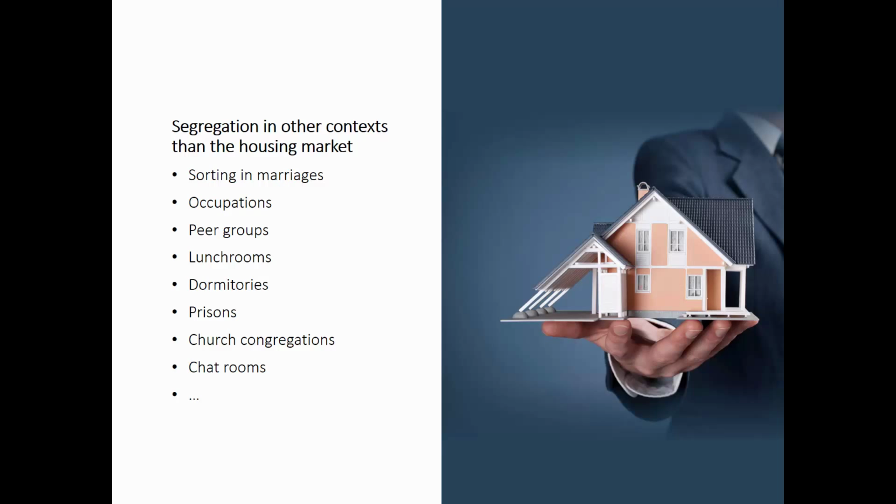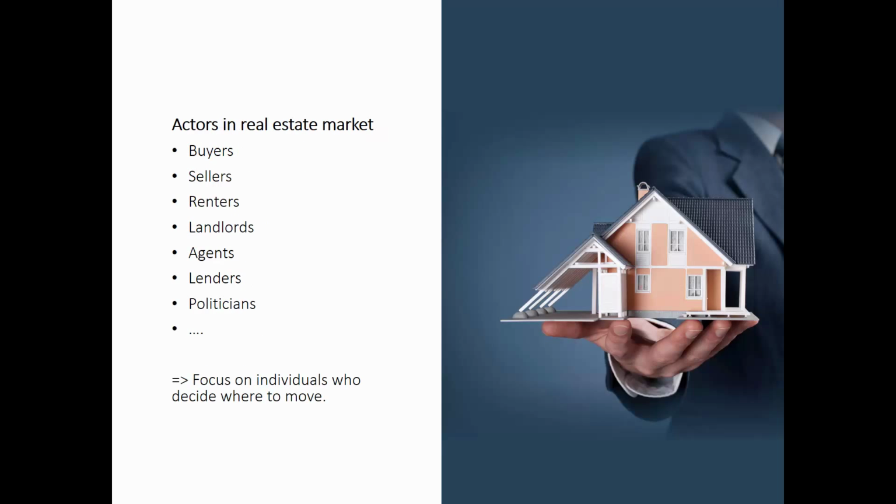And even there, when we start thinking about it, we should think about a whole bunch of different actors that play a role here. Right? It's not just individuals thinking about where they want to live, but there are also so many other players here. Right? So there's buyers, sellers, renters, landlords, agents, lenders, politicians, all sorts of actors that play a role here to determine or potentially constrain where individuals live.